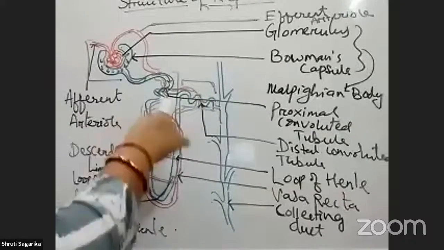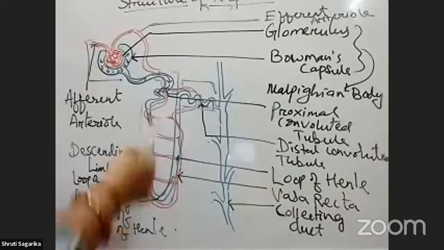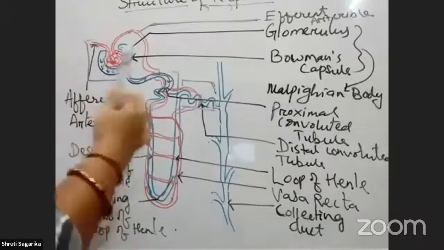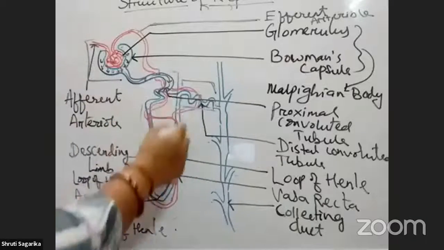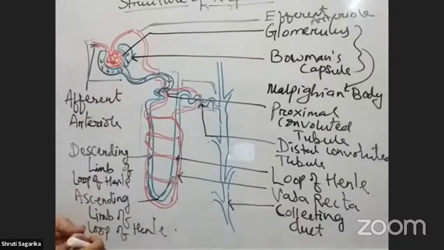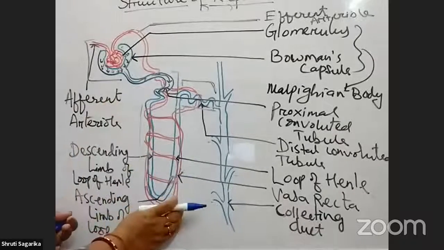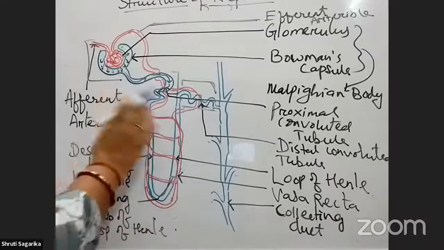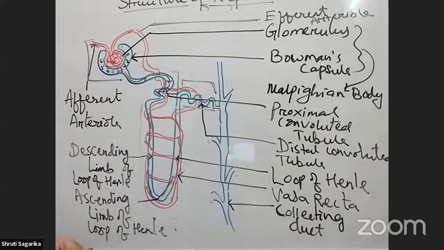The purpose of this we'll discuss later. First, the filtrate will come, then a few of the things have to go back to blood. For that purpose, we need a blood vessel very close to the tubular part. That is the reason this vasa recta is present, coiling very close to the tubular part of the nephron.